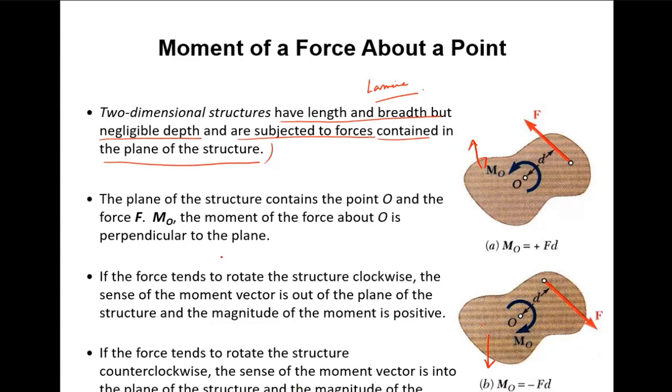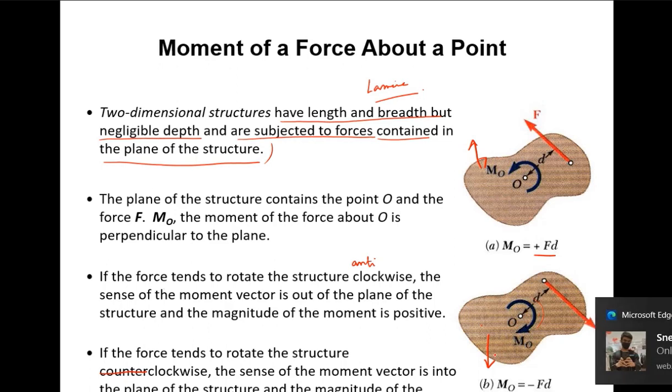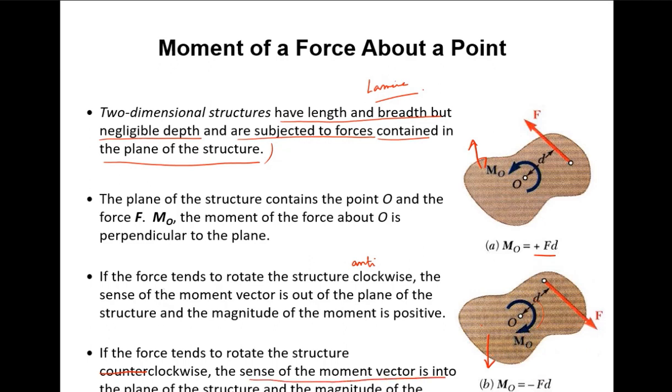Okay, I think there is a mistake. This will be anticlockwise, this one will be positive, and this will be clockwise. If this is clockwise and I point my curl in this direction, then my thumb will go downwards. So in that case, the moment will be negative, and the sense of the moment vector will be into the plane of the structure.